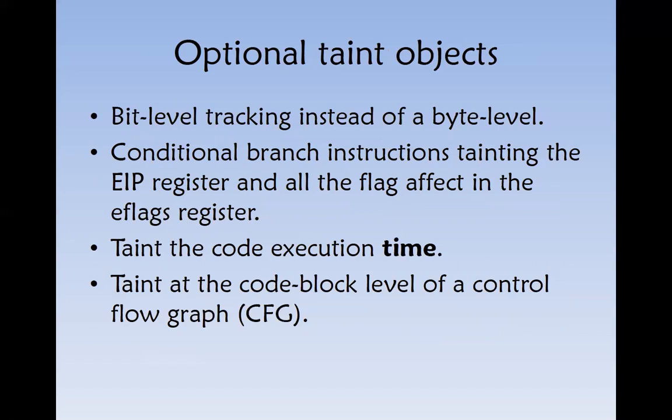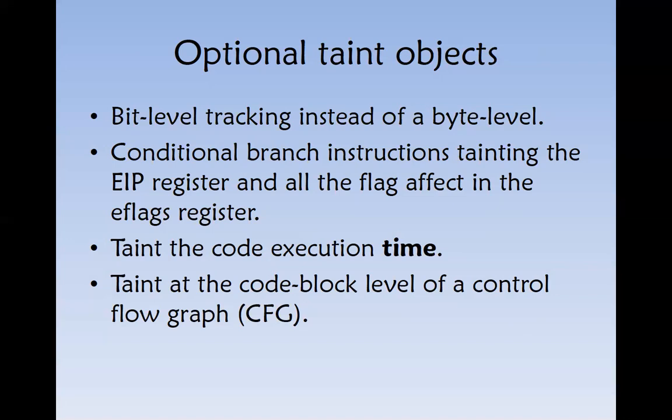You can also taint code at execution time, and you can taint at the control flow block level of the control flow graph. You can say, I'm going to execute this piece of code, and because it was determined by a flag that decided whether you take the true or the false conditional, and because the conditional variable was tainted, this block of code is also tainted.